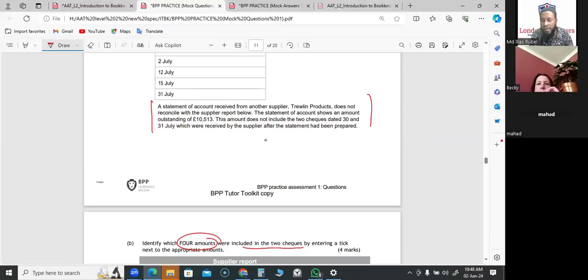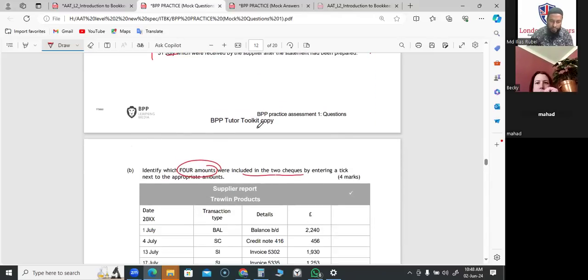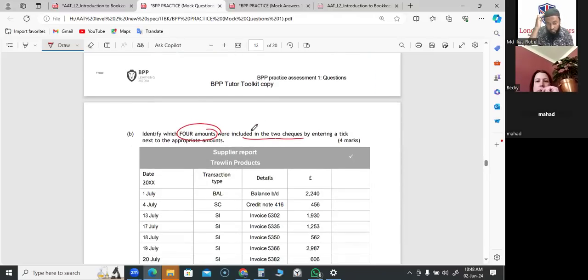The statement of account shows an amount outstanding of this much, and the amount does not include 2 checks, 30th and 31st. In this amount, there are 2 checks not included. All right. So what are you going to do? Identify which 4 amounts were included in the 2 checks.